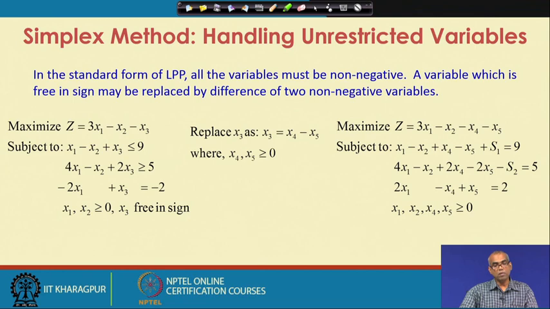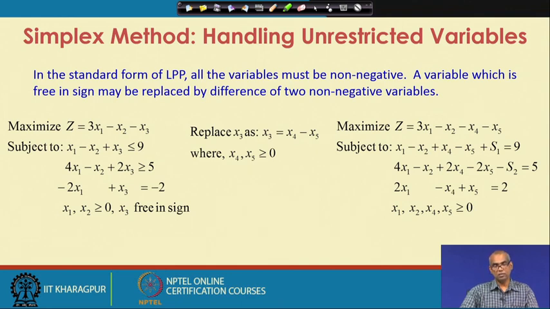In the standard form of linear programming problem, all the variables must be non-negative. In certain situations, we may have variables which are free in sign, but in the standard form, the variables must be non-negative.